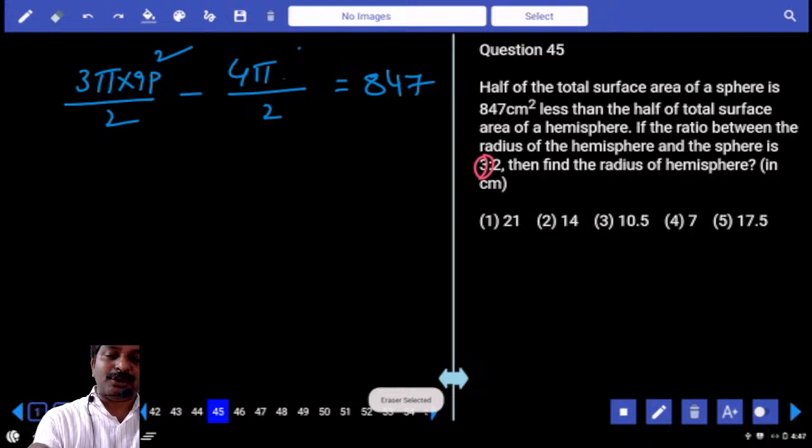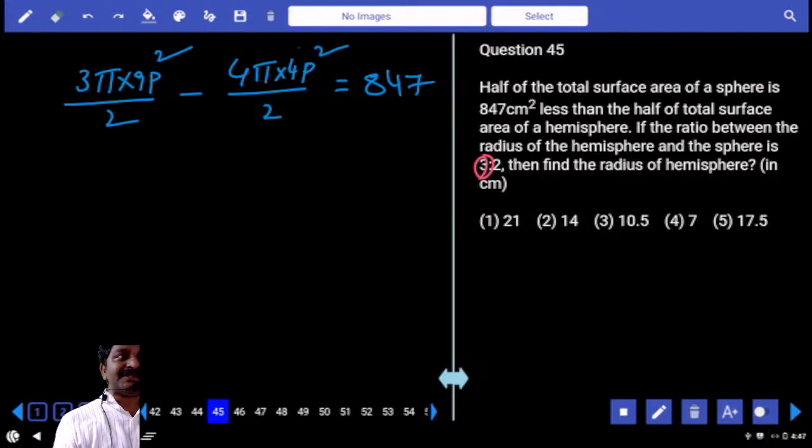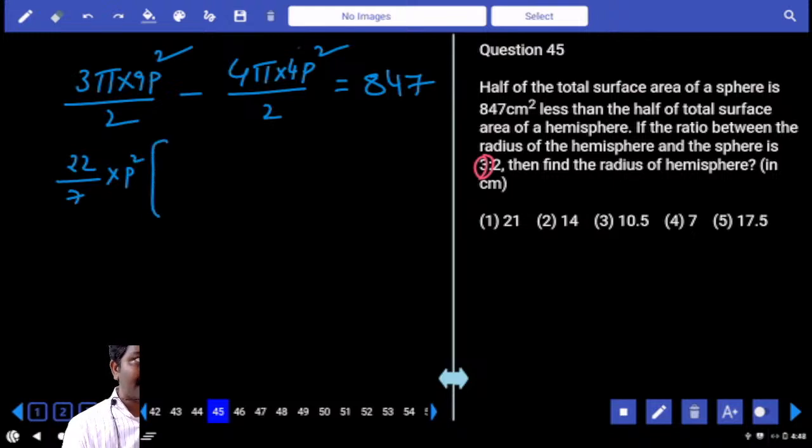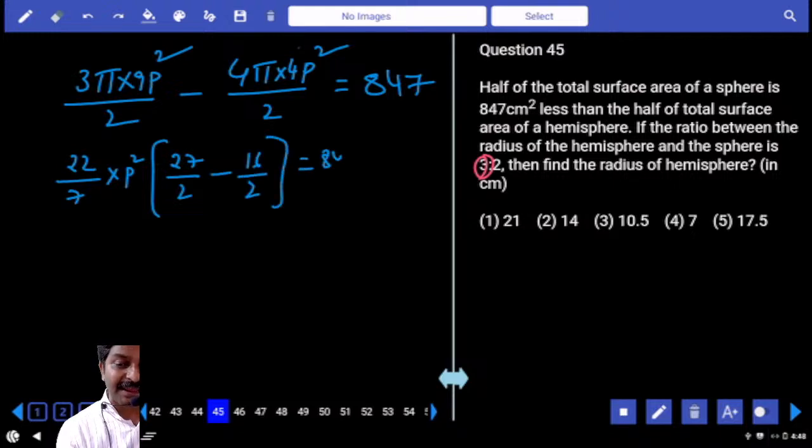R2 is equal to 2 parts, whole square, 4p square. You can take pi common and then p square also take common. Pi is 22/7 and then I am taking p square common. One is 27/2, the other is 16/2, which is 847.